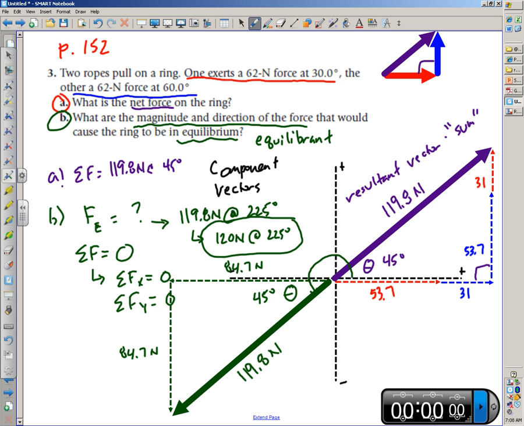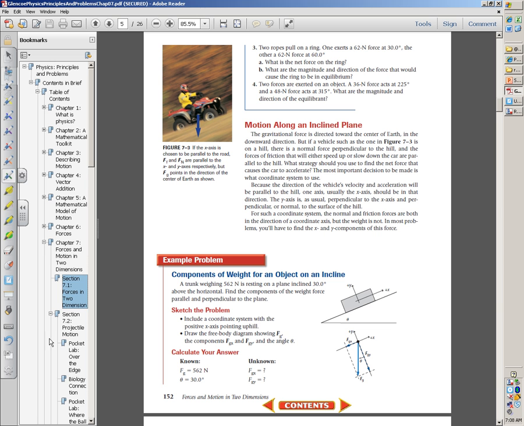That's our introduction to forces in two dimensions. Notice, concepts stay exactly the same, but how we address those concepts are a little bit different. Okay?